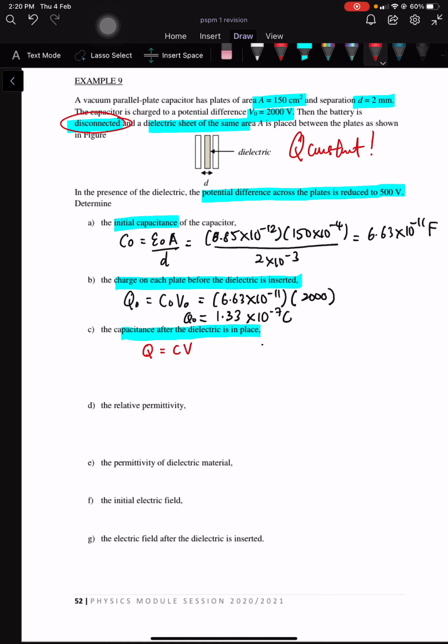So Q ni adalah sama juga dengan Q naught lah sebab Q kita adalah constant. So 1.33 kali 10 negatif 7. C V yang baru adalah 500 bila kita insert dielectric. So C kita adalah 2.66 times 10 to the power of negative 10 farad.